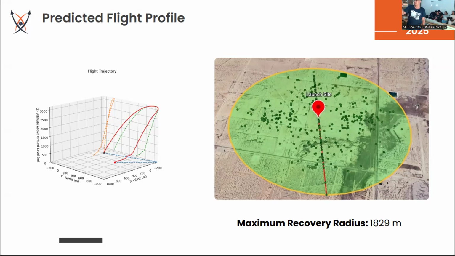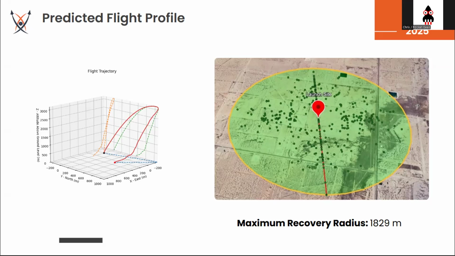So this maximum recovery radius is with the worst case, having winds up to, if I'm not wrong, 10 meters per second, with a direction that doesn't help us in order to have a great apogee. That is the worst case scenario. But as you can see on the graph, there are a lot of points in the analysis that are very near to the launch site.